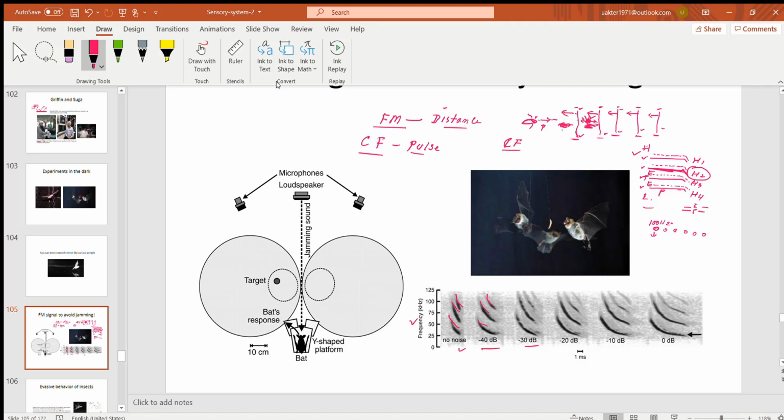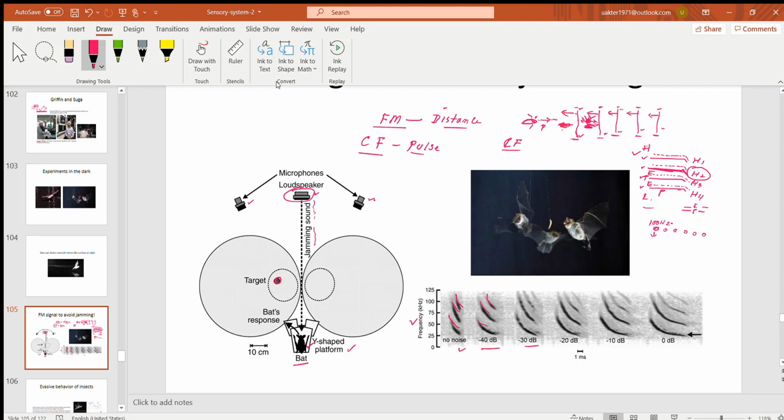You can see here, this is the bat sitting on the platform, Y-shaped platform, and here is the food target. Okay, and loudspeakers to produce sound, and this is another loudspeaker to produce sound, and this sound is called jamming sound.